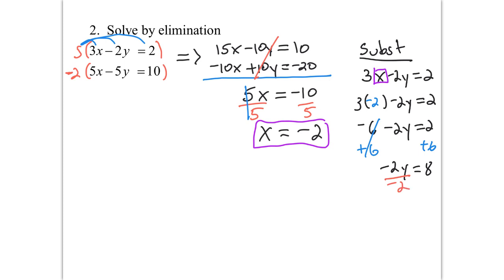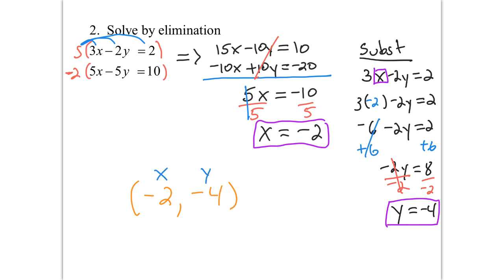Divide. So the y is negative 4. We got the answer. So my solution, remember it's an ordered pair, x always goes first, negative 2, and my y is negative 4. X and then the y.